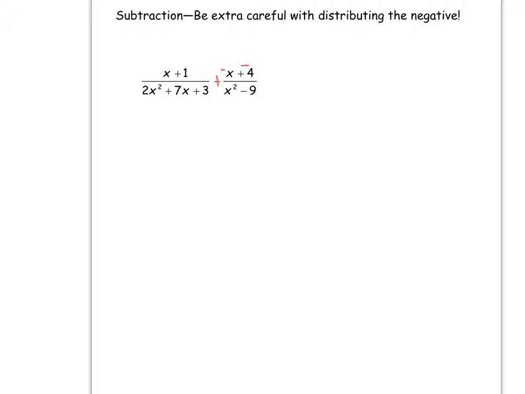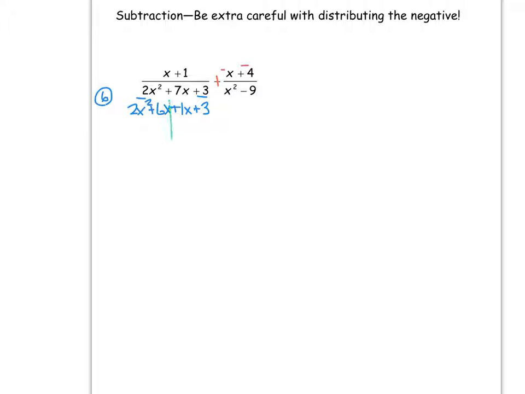Alright, so now I have to get a common denominator, so I need to factor what I have. A times c here would be 6. So the two numbers that multiply to 6 and add up to be 7 are 6 and 1. So I'm going to trade out this 7x for 6x plus 1x.